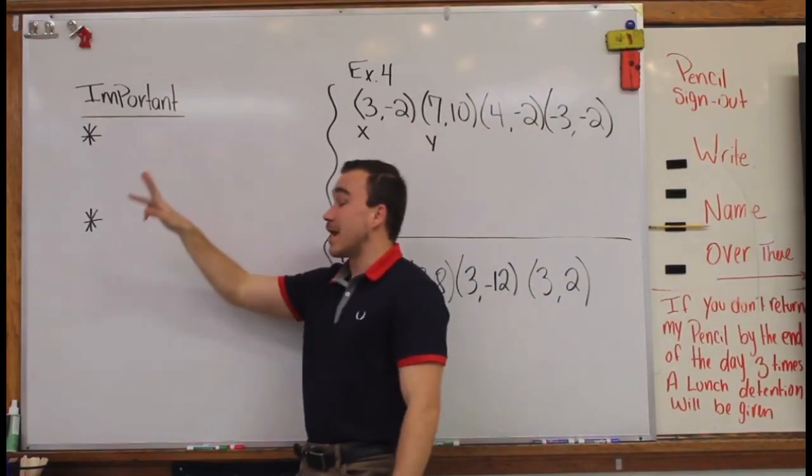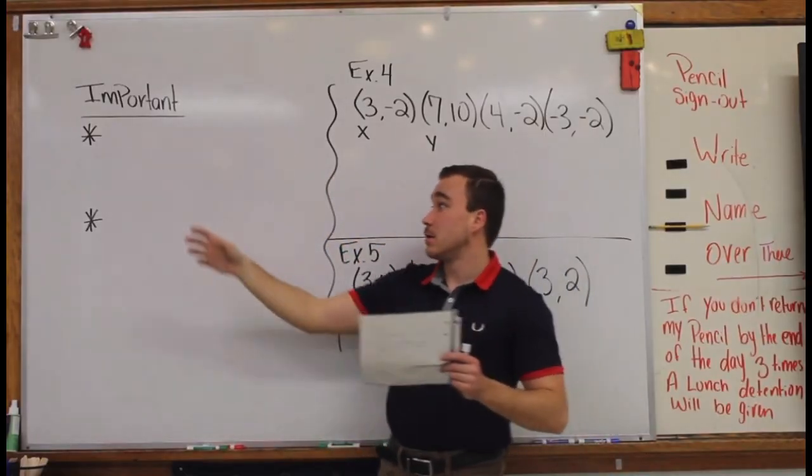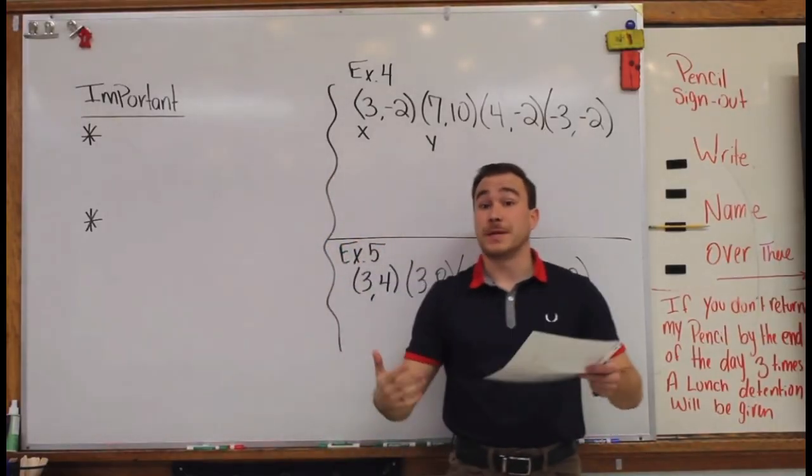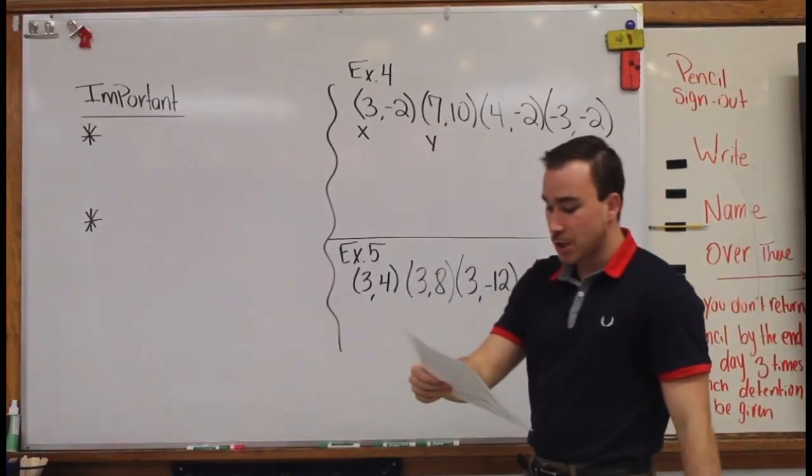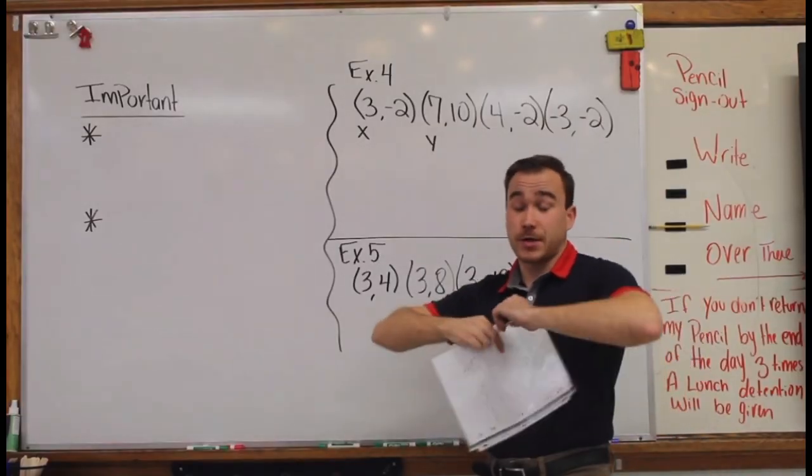Over here, we're going to have 2 key points that will help us remember how to determine if a function is a function. We have our domain values, our x values.